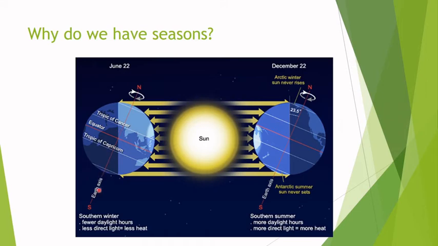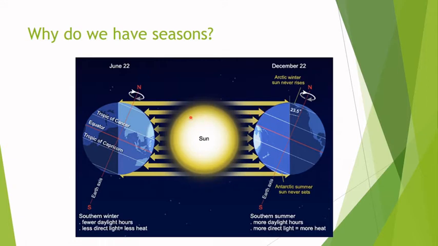The axis of rotation of the Earth is tilted 23.5 degrees. So this provokes that during the year, at some moments we are receiving direct sunlight, and at others we are receiving sunlight at an angle.